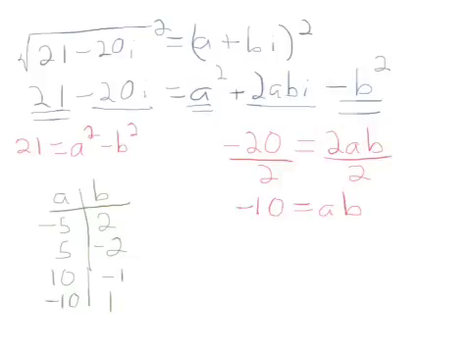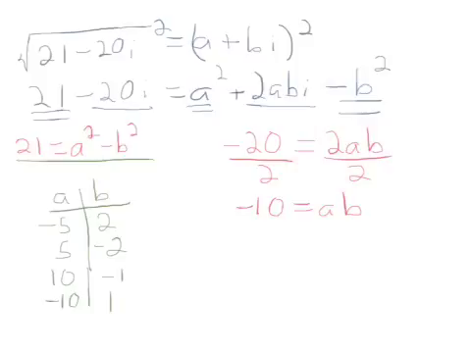Now I can automatically eliminate 10 and negative 1 and negative 10 and 1, because if I try to plug them back into here, this 21 equals a squared minus b squared. If a is 10, I'm going to get 10 squared, which is 100, minus 1 squared, which is 1. So 100 minus 1 would be 99. However, it needs to be 21.